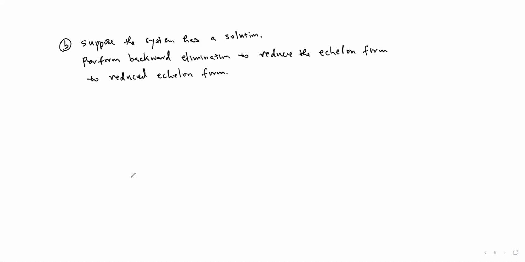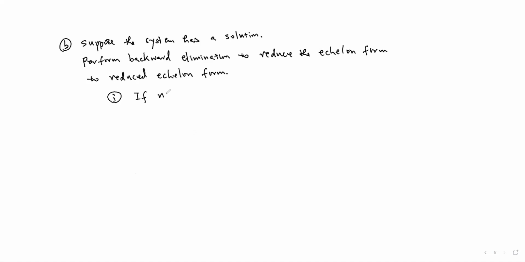Now, also there are two cases. Case one: after you obtain the reduced epsilon form, determine which unknowns are basic and which are free.